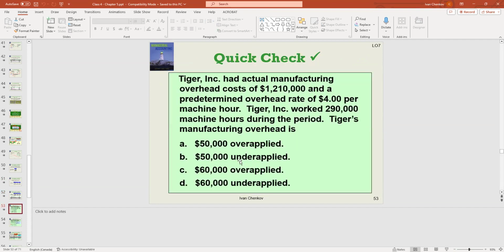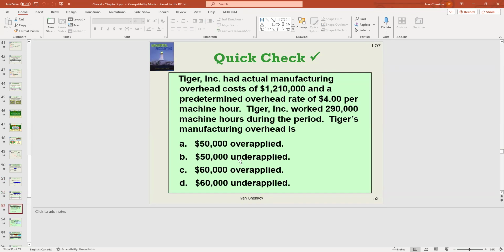Let's see if you can get this question. This company has actual manufacturing overhead cost of $1,210,000. This is the actual. This is the debit on the manufacturing overhead account.